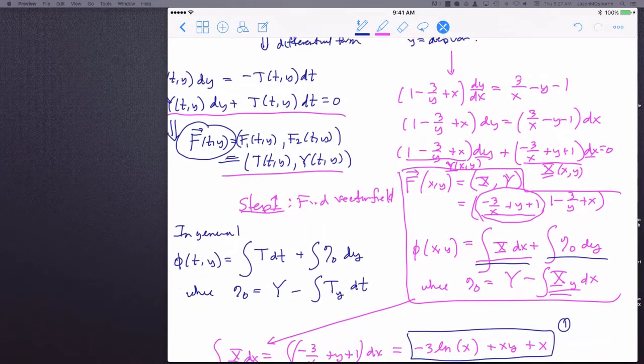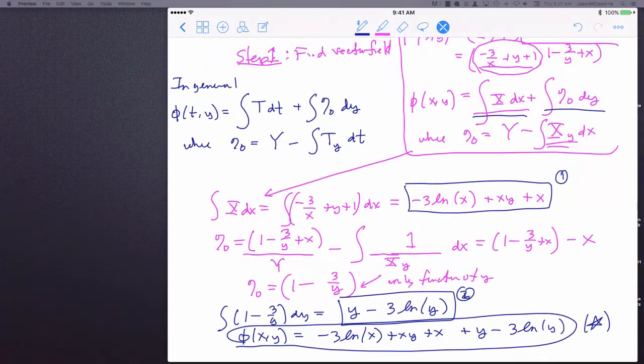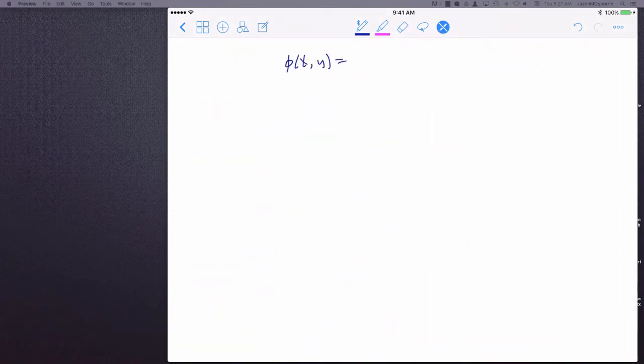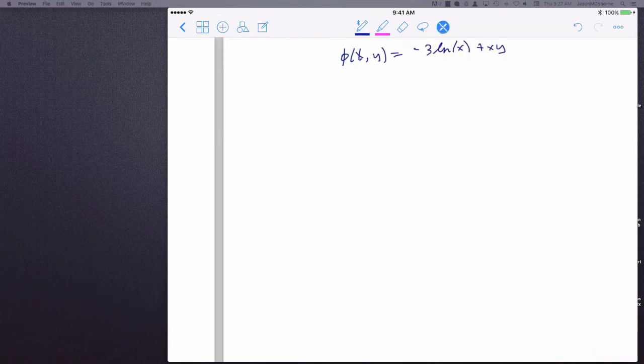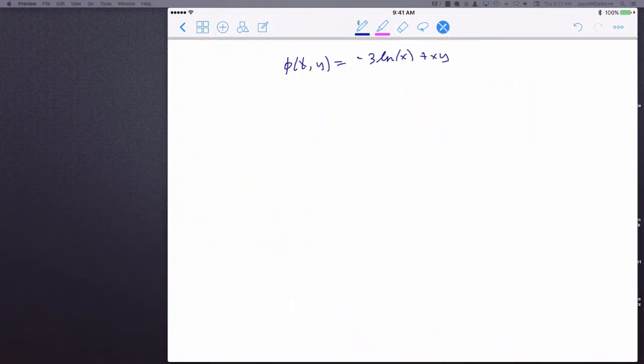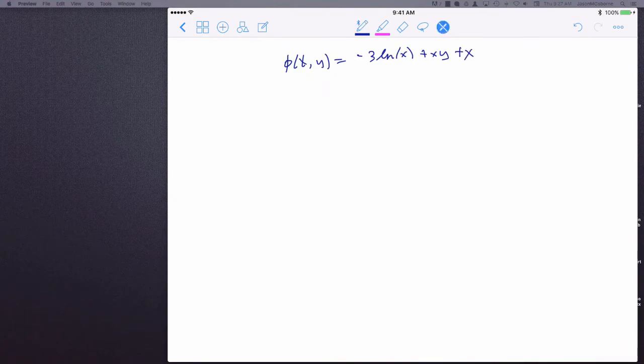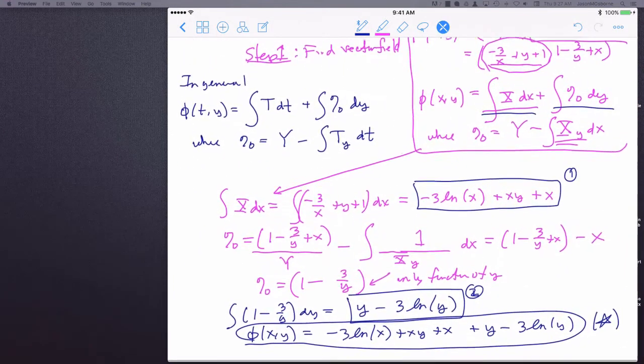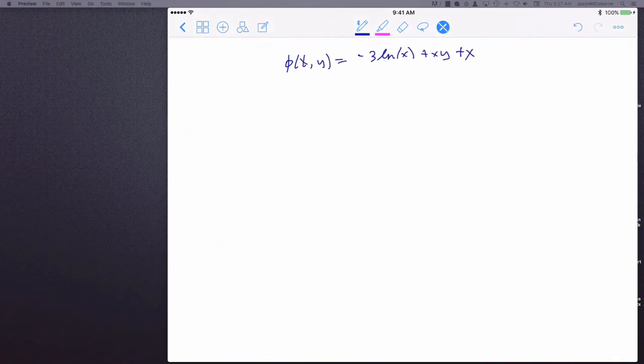So phi of x comma y, let me look back at that, it was minus 3 logarithm of x plus xy plus x, plus y minus 3 log y.